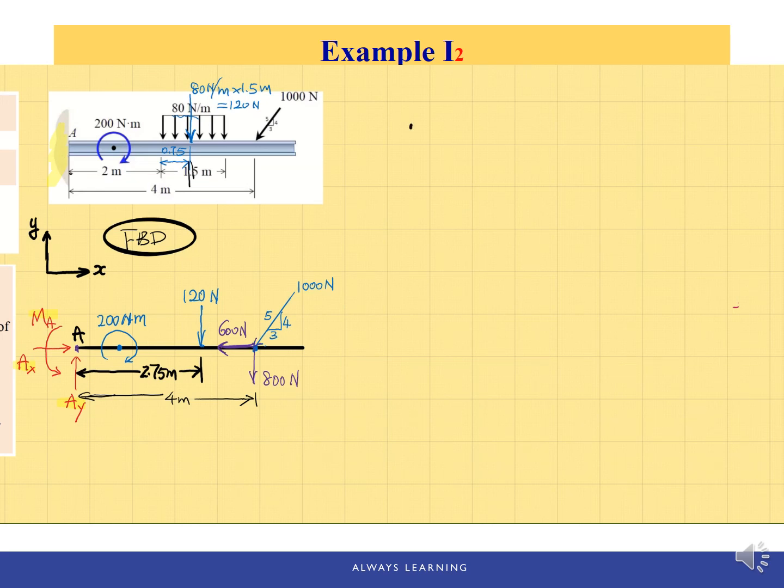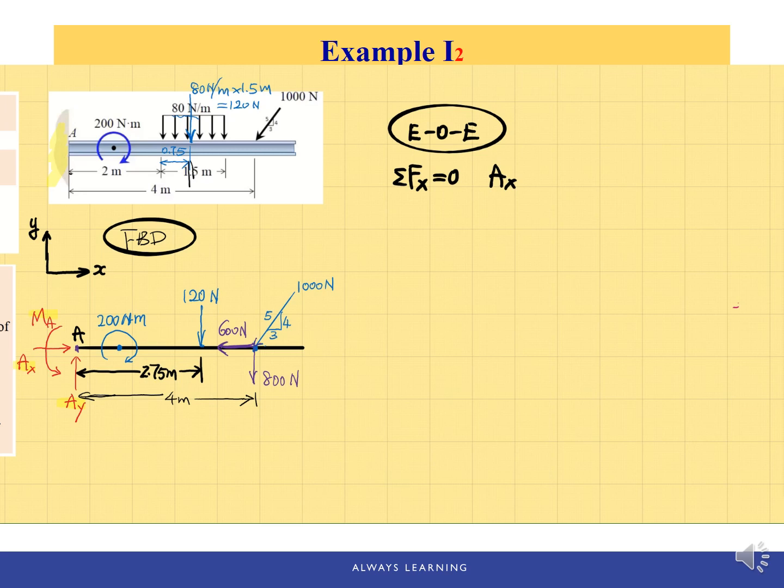Then second, using the free body diagram to write equations of equilibrium. The first equation will be sum of Fx equal to 0. So we just need to gather all the forces in the x direction. The first one we have is Ax, pointing to the positive x direction.